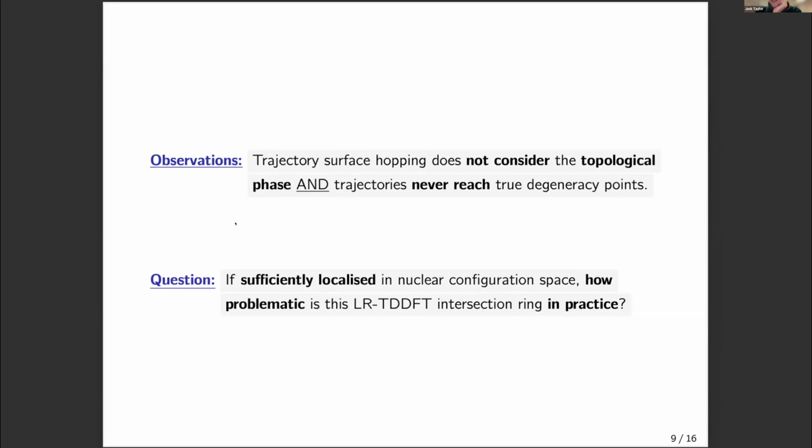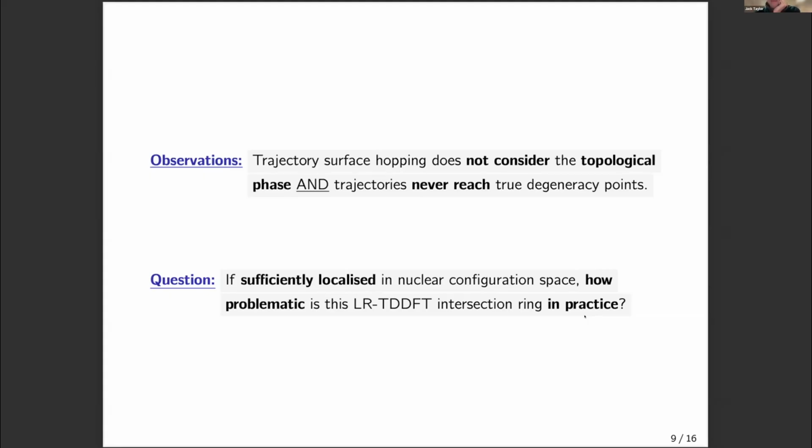So, if we can perhaps assume that this region of problematic topology, or this ring of intersection, is sufficiently localized in space, does it really matter that it's incorrect when we run non-adiabatic or surface hopping dynamics in practice?